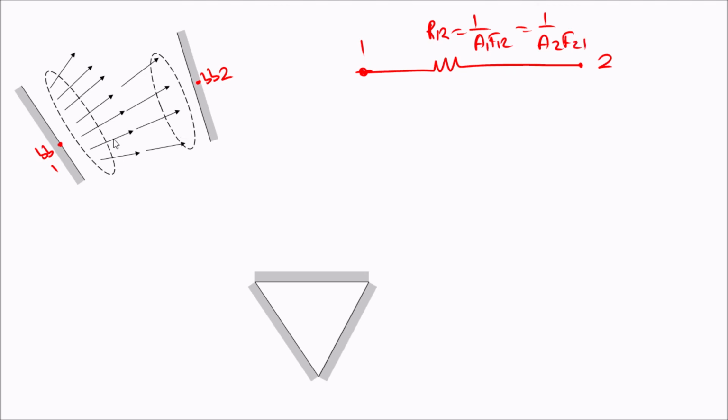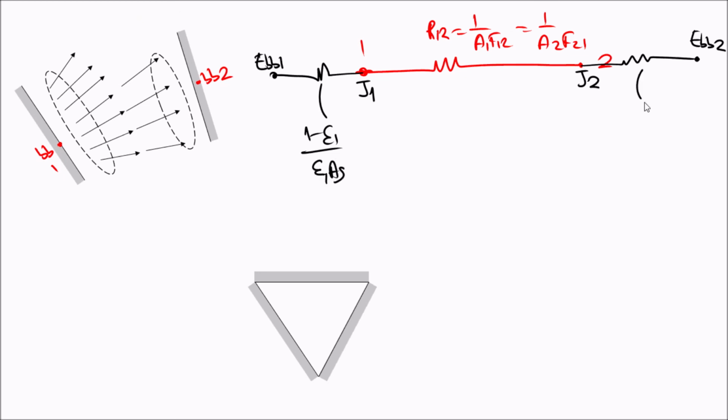But in this case, for the real surfaces, we will add one more resistance here and one more resistance here. This one will be E black body 2, and this one will be radiosity at 2, and this one radiosity at 1. This one will be black body 1, and here it will be 1 minus epsilon 1 divided by epsilon 1 into A_S, and this part will be 1 minus epsilon 2 divided by epsilon 2 into A_S for the real surfaces.